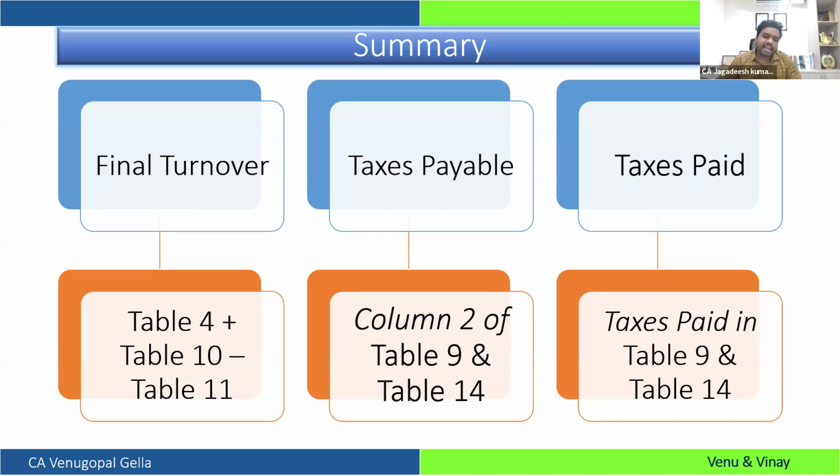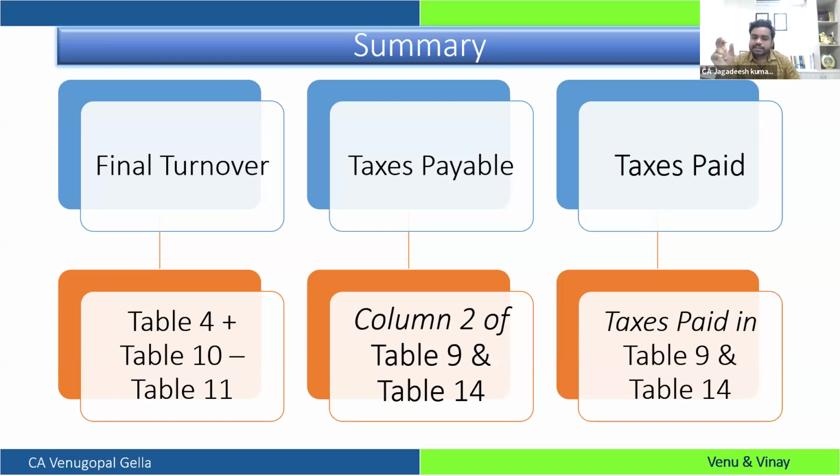And coming to the summary of tax paid and payable, I can check it in the table 9. The taxes paid through 3B will get auto-populated in column 1 of table 9. The taxes I need to pay, the payable, are in column 2. If there is any difference between my taxes paid and the taxes payable column, that I need to check.